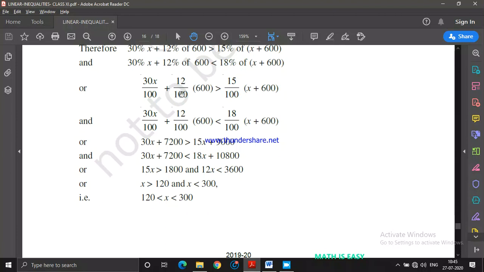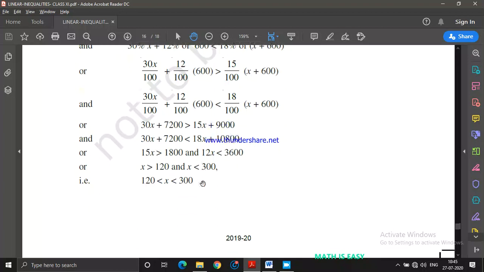The 100 will get cancelled. You will get 30X plus 12 into 600, which is 7200, is greater than 15 into X, which is 15X, plus 15 into 600, which is 9000. Similarly, in the second equation, 18X plus 18 into 600, which is 10,800. So simplify these equations and get the X values.